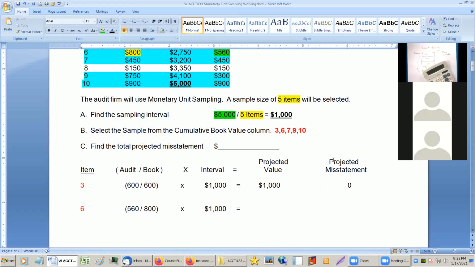For this one, the projected value would be $700. What we're saying is that this is the value of that interval. Of the $1,000 interval, they say the real value is 700. So what would be the projected misstatement?